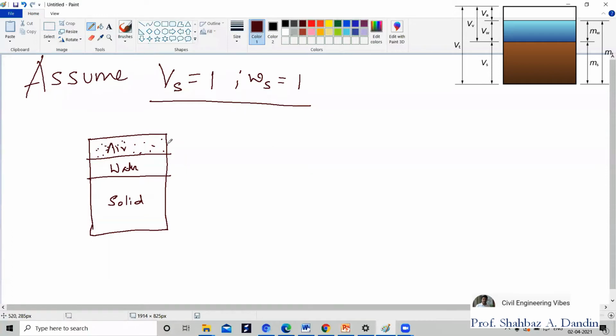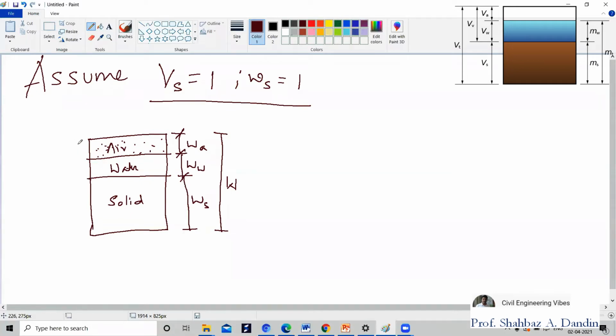Now next, with respect to weight, or I can take it with respect to mass too. This is weight of solids, this is weight of water, and this is weight of air. I can say this total as W. Can I say this? Yes, sir. Weight of air plus weight of water plus weight of solids is equal to W.